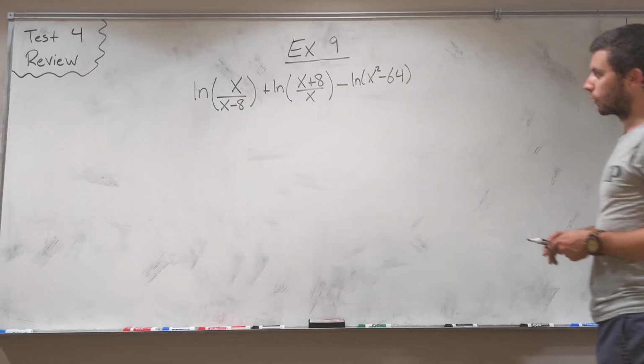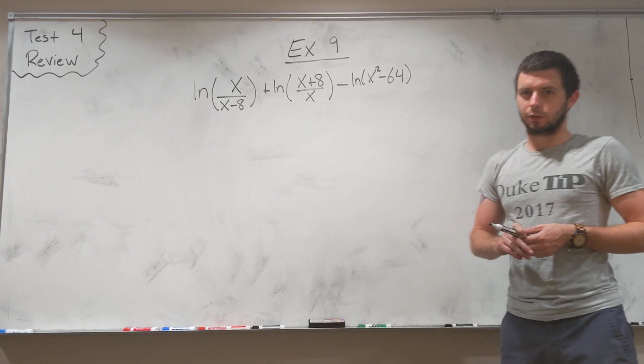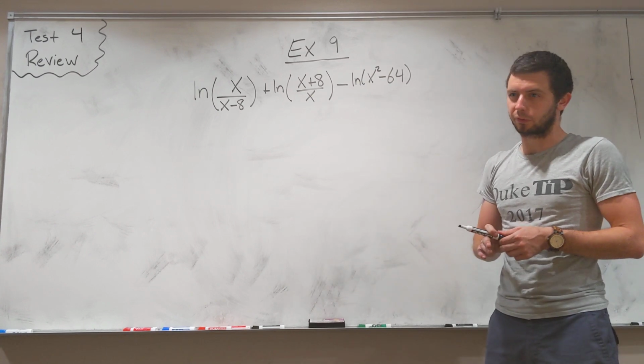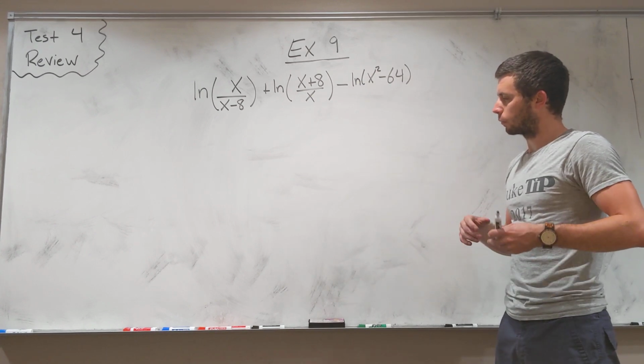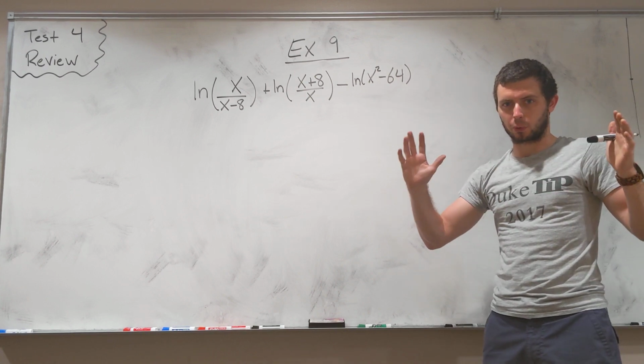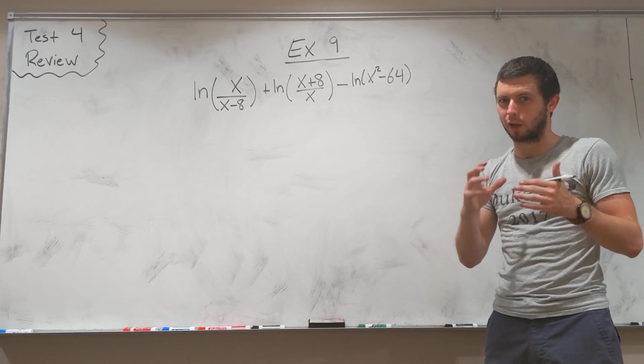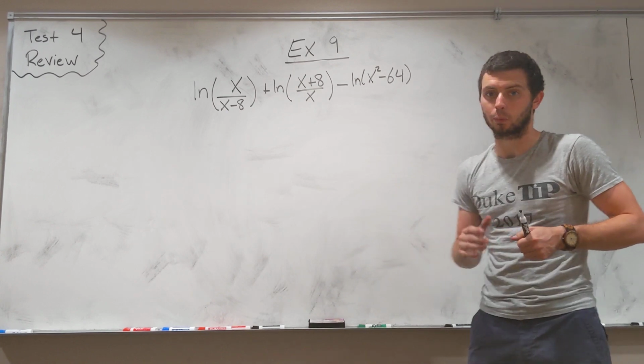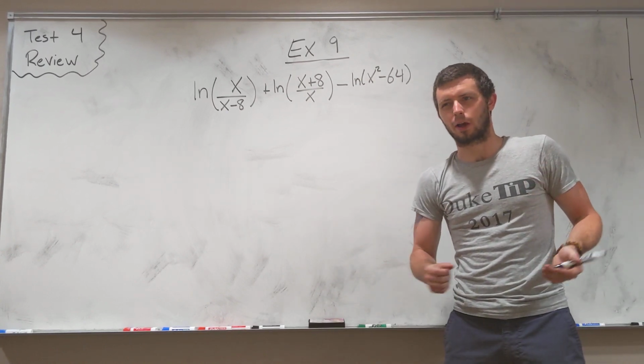For example 9, this is a type of problem that we would find in the properties of logarithms section, which is one of those problems of take a bunch of logarithms and combine them to just be one. So we're not solving for anything, we're just simplifying.